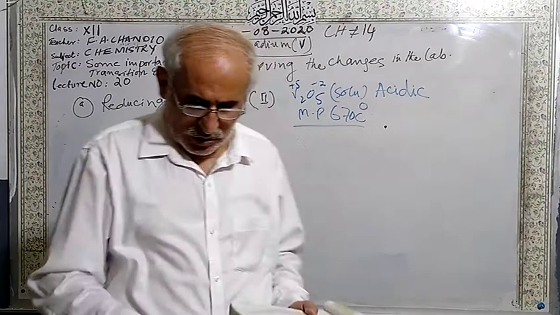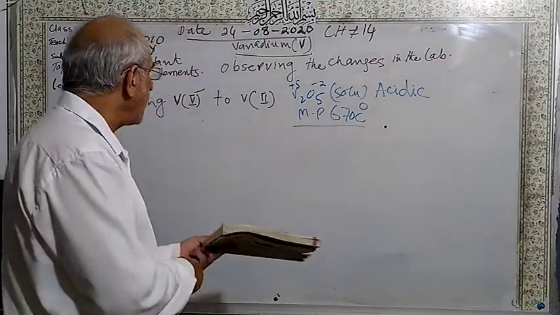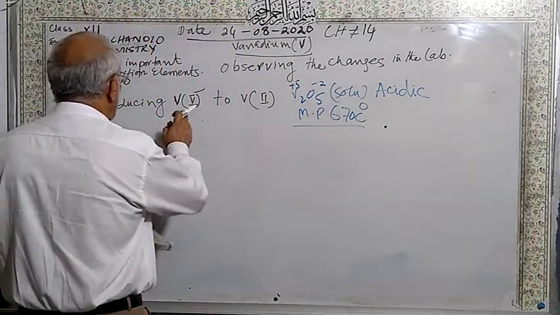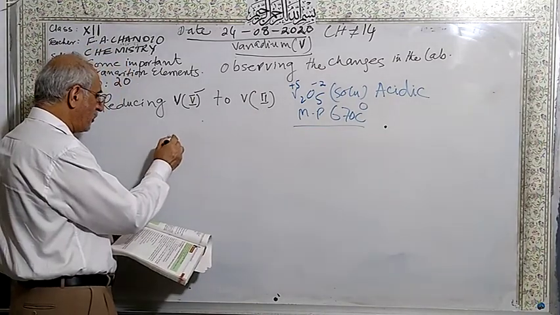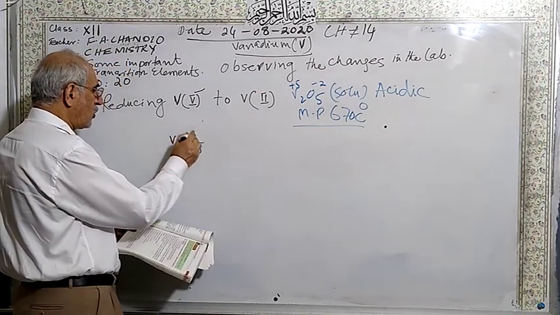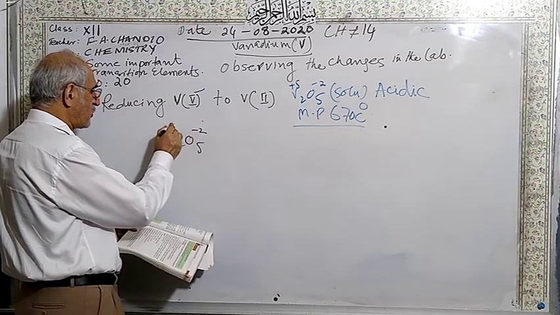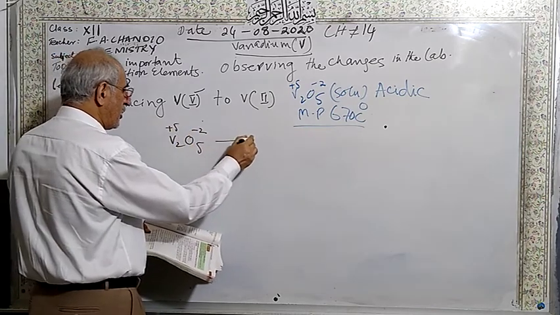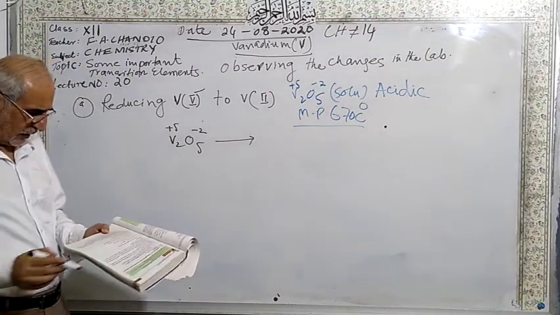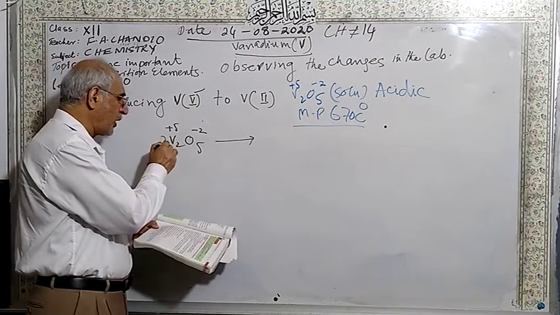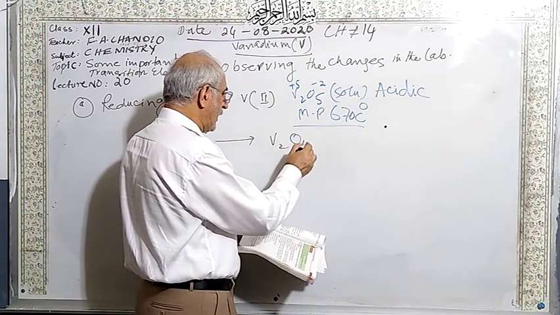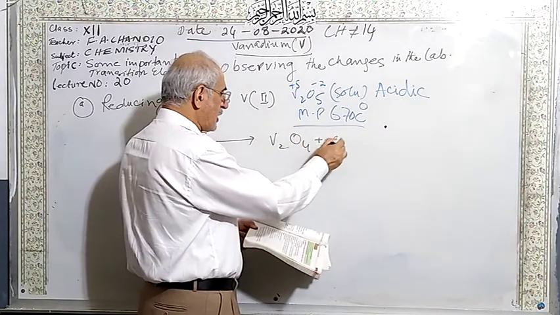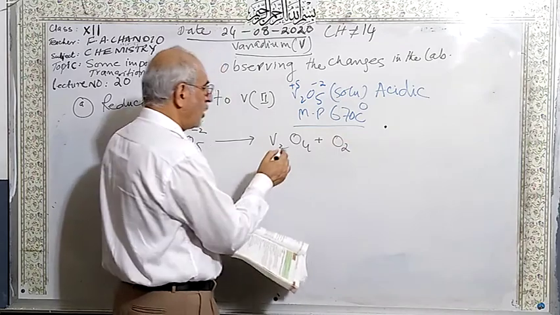So it undergoes change from positive 5 to positive 2. So this is the vanadium pentoxide. I told you -2 and +5. This is the oxidation number of vanadium +5, and it is going to be converted into vanadium tetraoxide, and oxygen gas is going to be evolved.